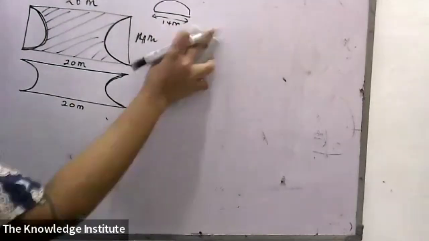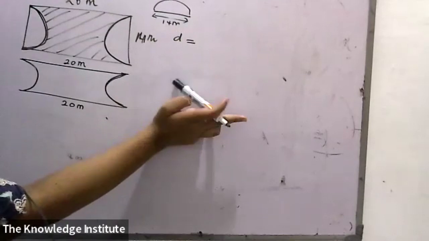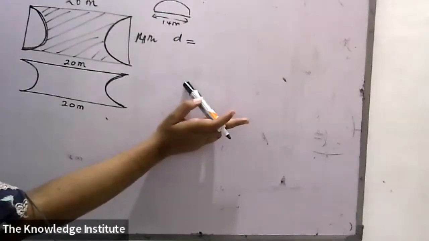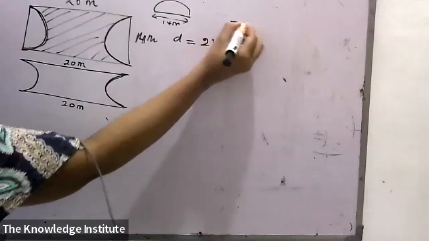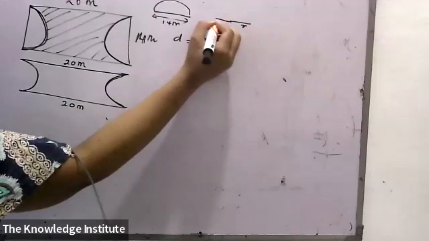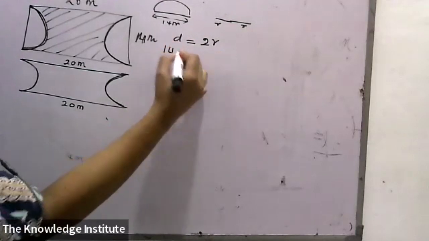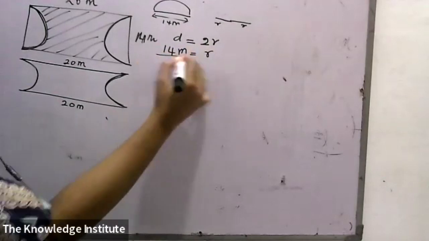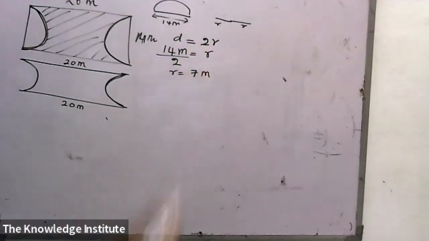So remember, a diameter consists of how many radii? 2 radii. Because from the center point to here is 1 radius, and again here another radius. So one diameter is equal to 2 radii. Therefore, if the diameter is equal to 14 meters, what can you tell about the radius? 7. You have to divide it by 2. So the radius will be 7 meters.